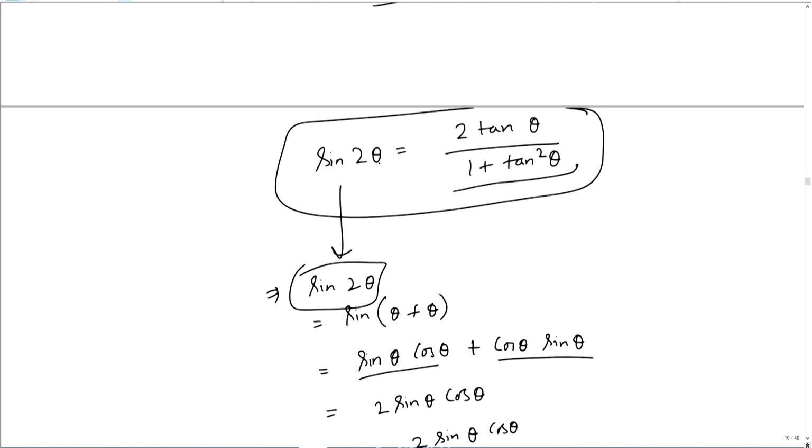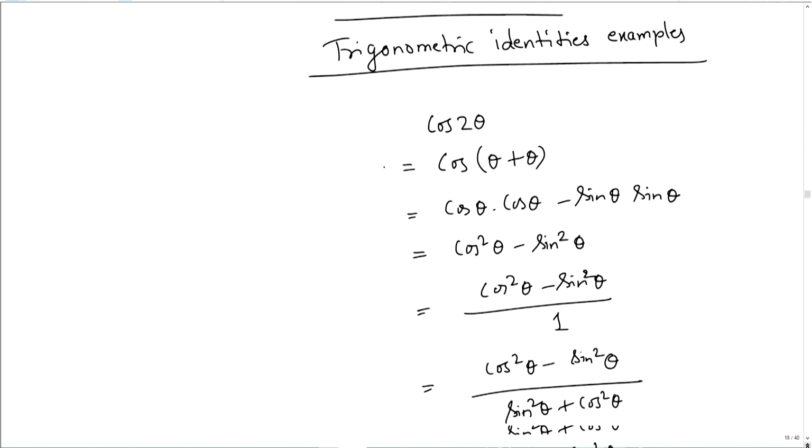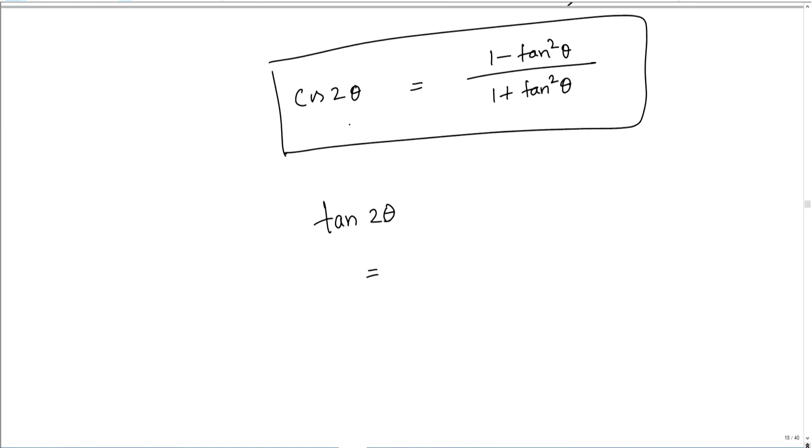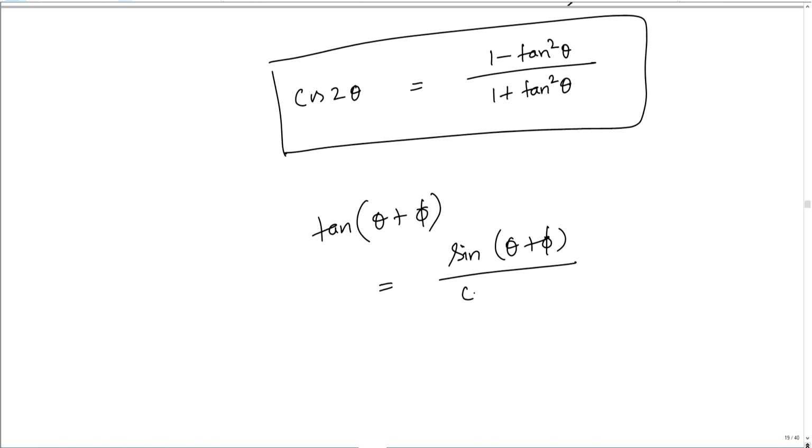Rather than tan 2 theta, let us first derive tan of theta plus phi. Because it is the tangent function, you can write it as sine of theta plus phi divided by cos of theta plus phi. Now, what is sine of theta plus phi?